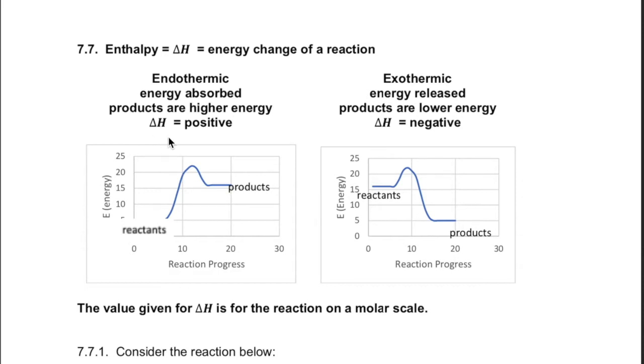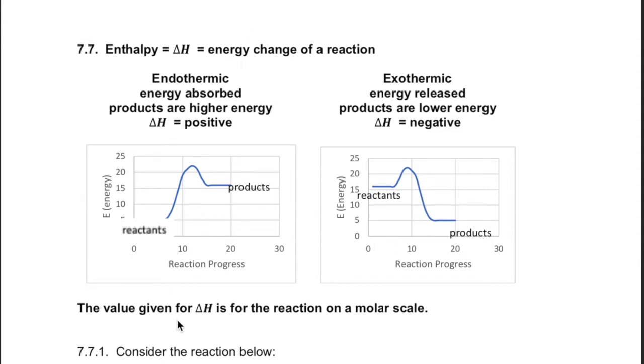So something we need to remember is that an endothermic process will have a change of enthalpy in the positive direction. The delta H will be shown as a positive number, whereas the heat flow, or the enthalpy change for an exothermic process, is negative.